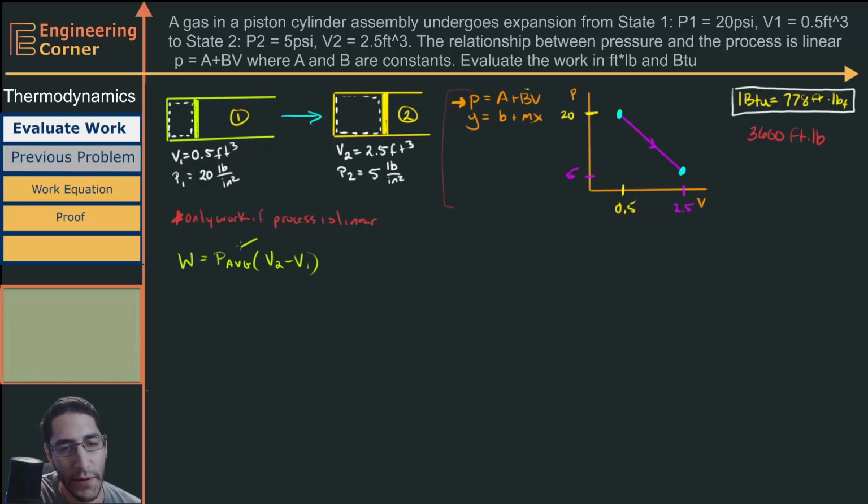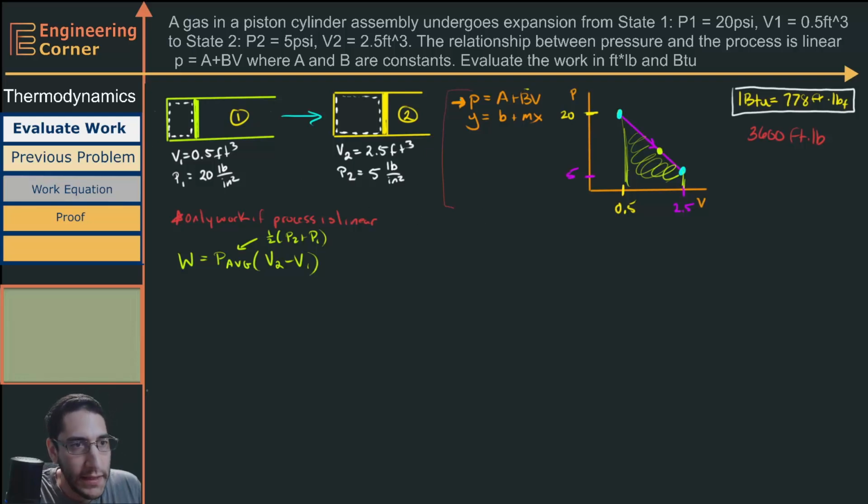This average pressure is really 1/2 of P2 plus P1. What is this saying? I have some area under the curve, I get an average pressure, and that's what I have. So this is my work equation.